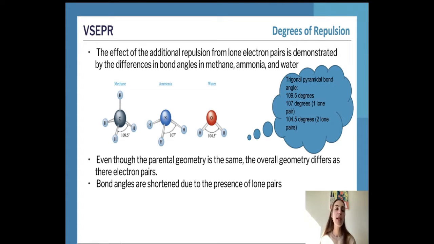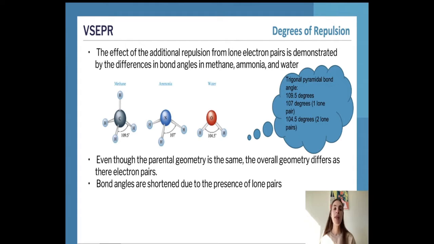With methane, we've got a 109.5 degrees separation of angle between the hydrogens which are bonded to our central carbon atom. This is because all of the hydrogen atoms around the central carbon have evenly spread themselves out such that they've all attained 109.5 degrees between each other.